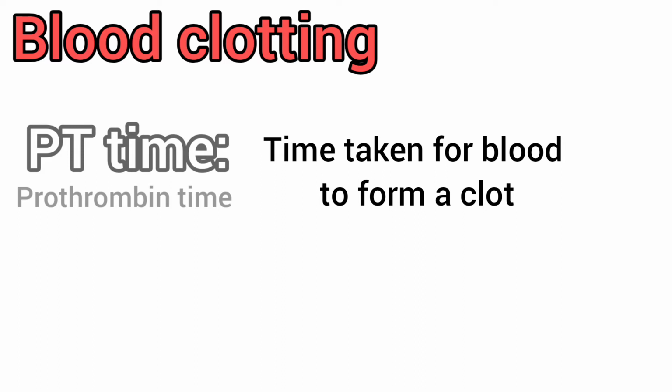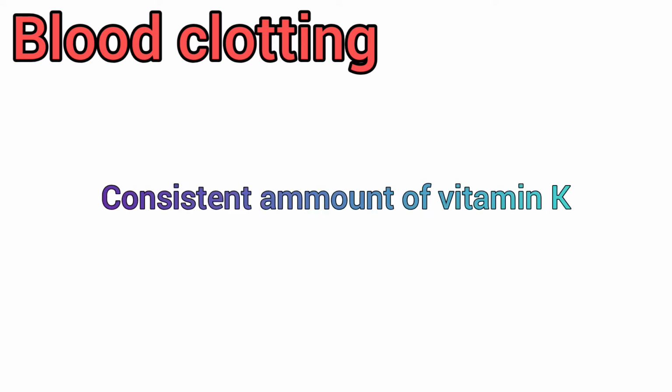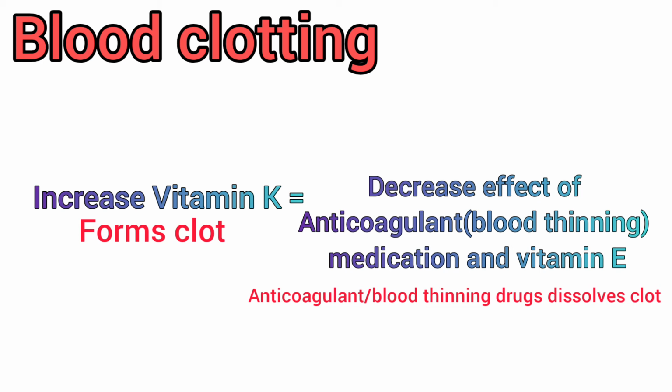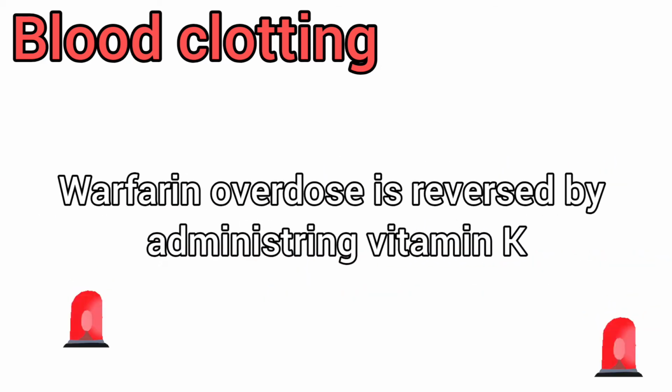People on anticoagulant medications such as warfarin or Coumadin may be advised to eat a consistent amount of vitamin K from food and supplements to avoid a fluctuation in the vitamin K levels, which might reverse the action of warfarin, as its increased intake might decrease the efficacy of blood-thinning drugs such as warfarin or even blood-thinning vitamins such as vitamin E. And so, by that, vitamin K can be used to reverse the action of warfarin in case of warfarin overdose.